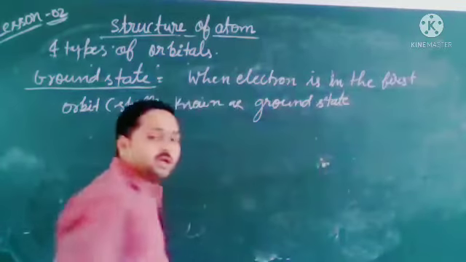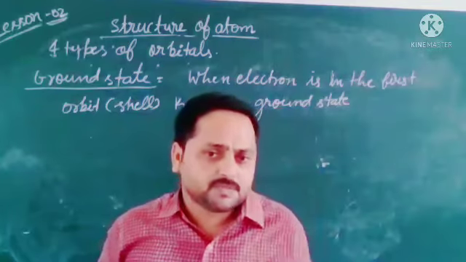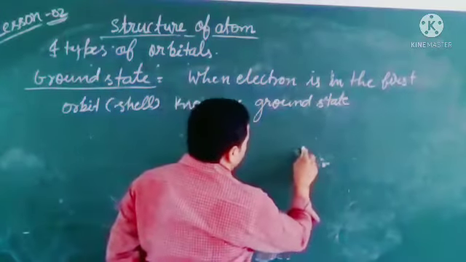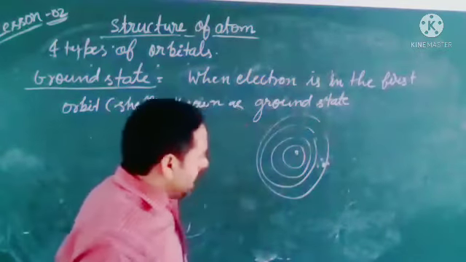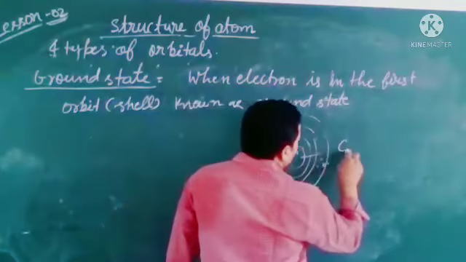What is ground state? Whatever the atom is, that doesn't matter. If electron is present in the first state, I have made the nucleus, first, second, third, fourth. If electron is present in the first state, where n equals 1, or in the K shell, that is said to be ground state.